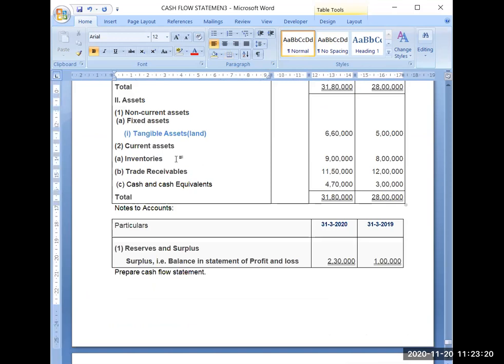So various current assets are given. So first current asset, you see inventory. Opening balance was 8 lakh and closing balance is 9 lakh. It is increasing. So it will be subtracted. Then trade receivables, it is 12 lakh and the closing balance is 11 lakh 50,000. It is decreasing.